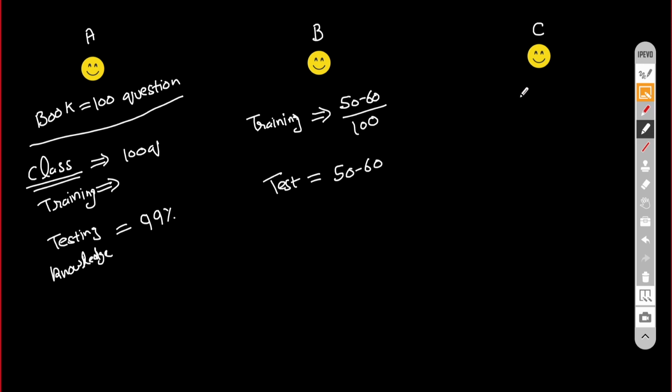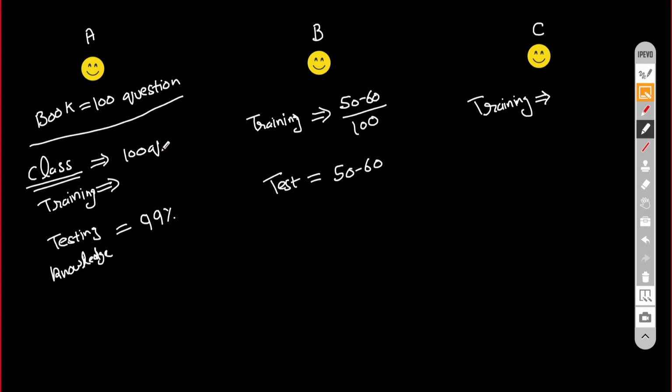There is another student over here. When training is happening in the classroom, he understands everything in a precise manner. He doesn't memorize the 100 questions, he understands the concept behind it.